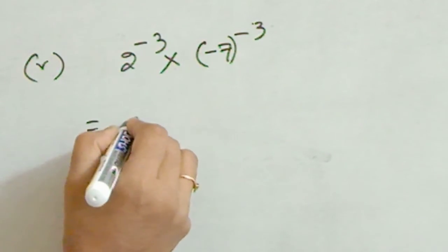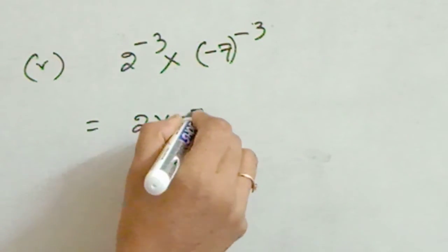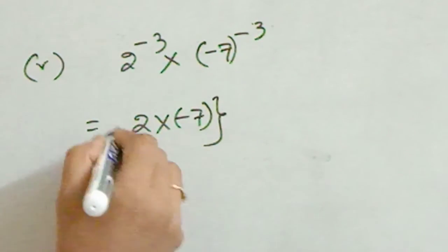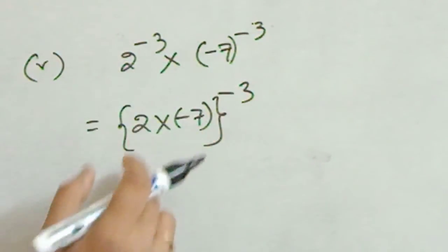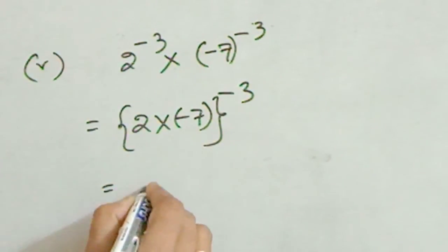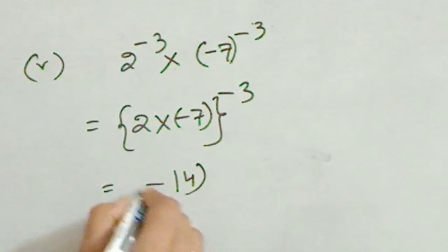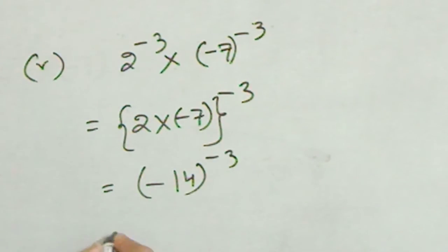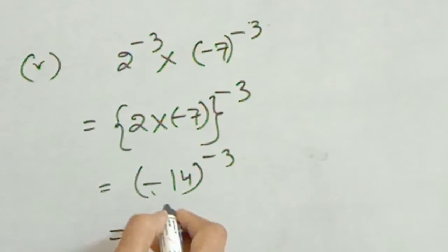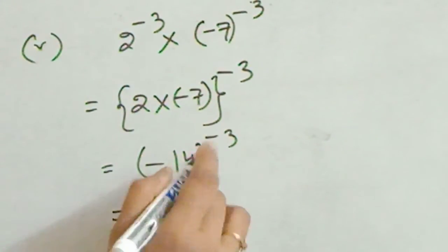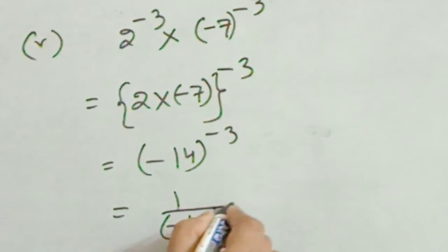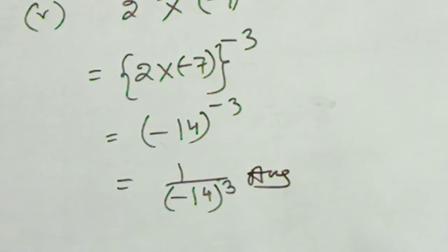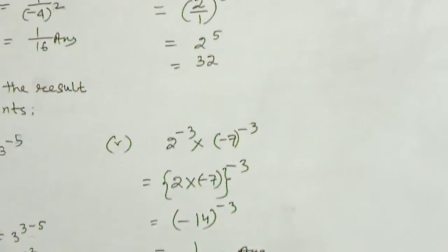Now 2 into minus 7 whole to the power minus 3, both the powers are minus 3, this is (-14) to the power minus 3. We have to express the result in positive exponents, so as the power is minus 3, we have to make its reciprocal and positive 3. Okay, practice this, students. Thank you.